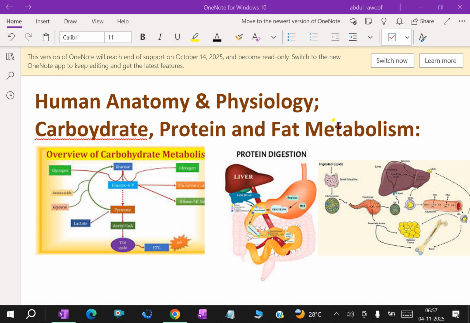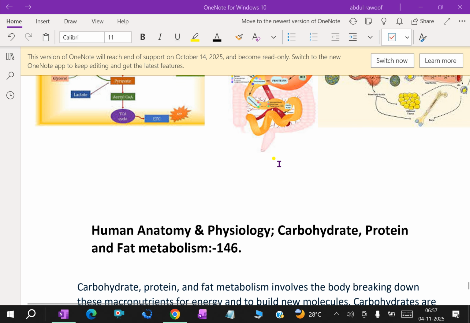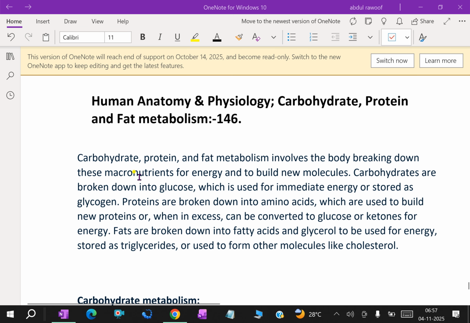Now let us discuss further detail about carbohydrate, protein, and fat metabolism, how it happens. Carbohydrate, protein, and fat metabolism involves the body breaking down these macronutrients for energy and to build new molecules. Carbohydrates are broken down into glucose, which is used for immediate energy or stored as glycogen.